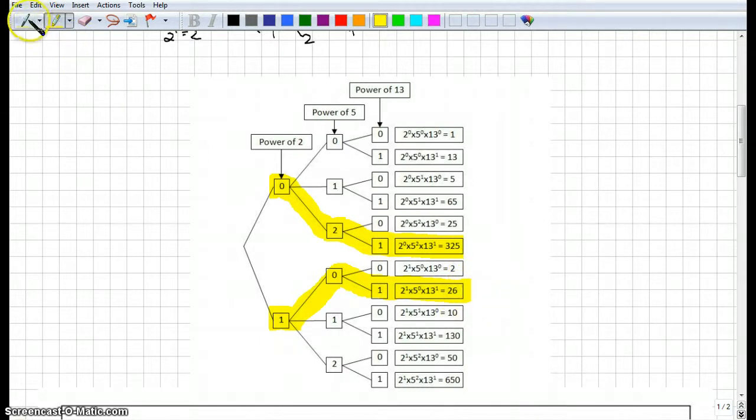Alright, so there's the general rule for any number. If we want to know how many factors it has, here are the steps, let me write them out. The first step is to write the prime factorization.